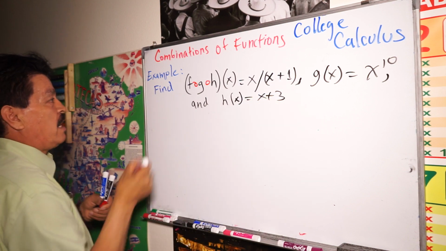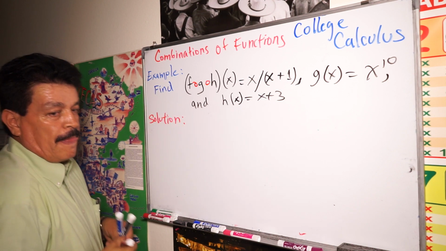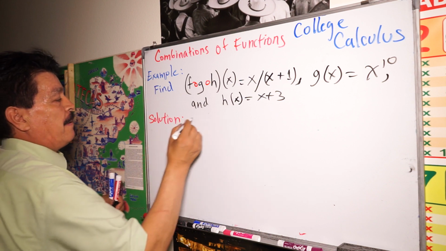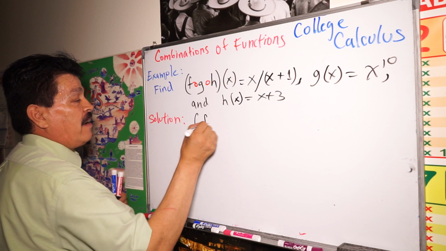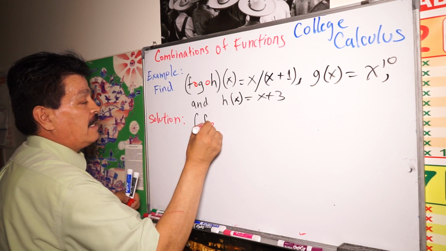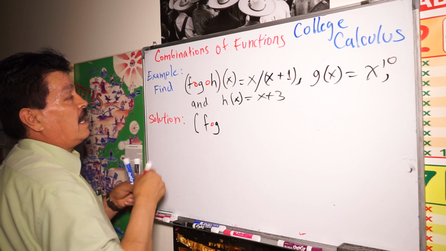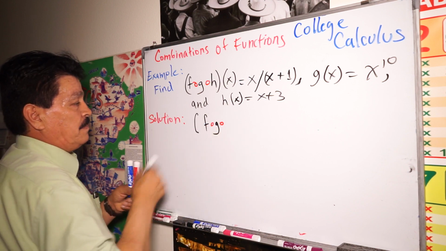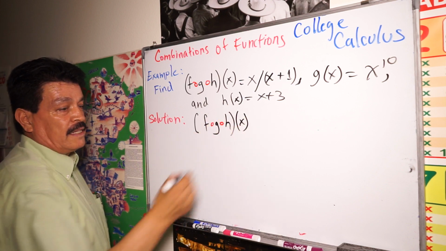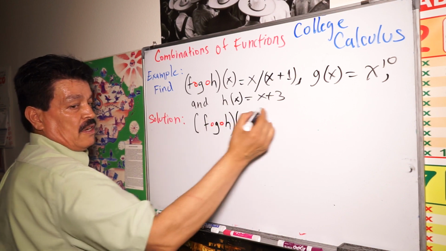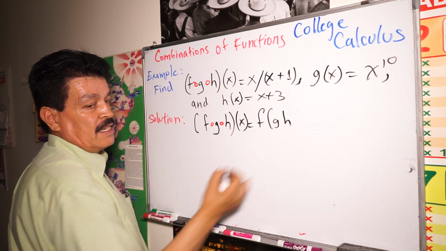The solution is very simple. Just write the composition of f, g and h of x, which equals f of g of h.